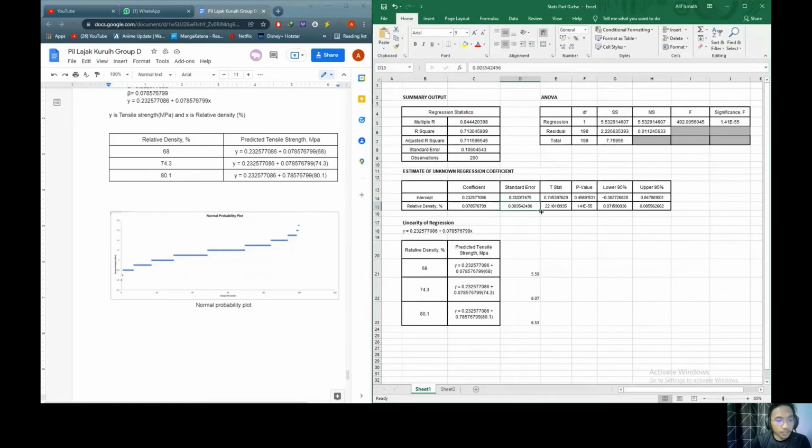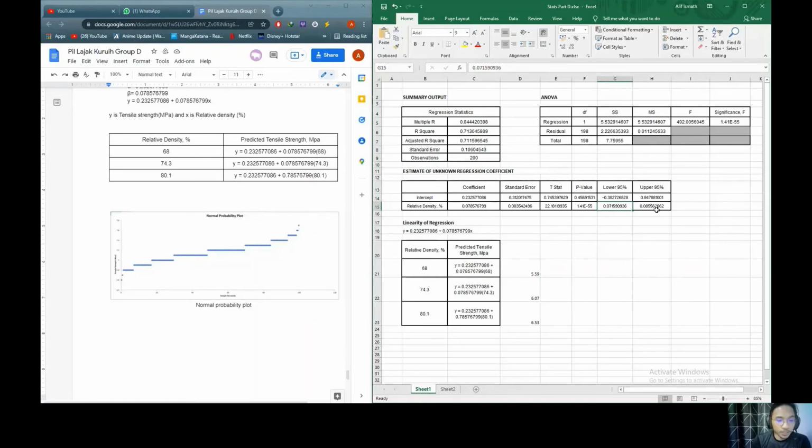confidence interval for the relative density. The lower 95% of the confidence interval is 0.071590936, and then the upper 95% is 0.085562662.